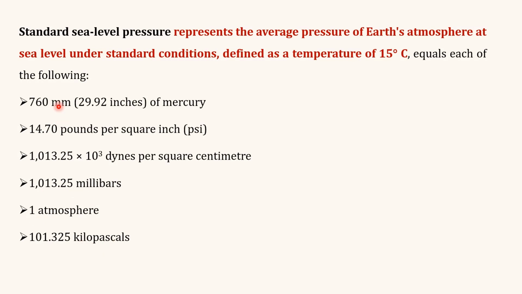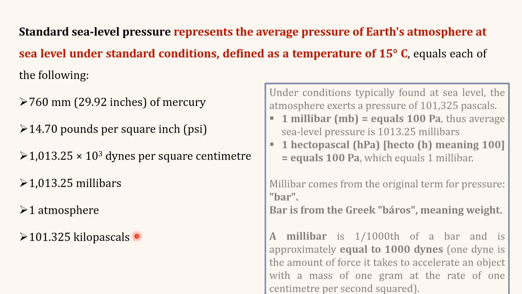So we have to remember these two: 760 mm of mercury or 29.92 inches of mercury, and 14.7 pounds per square inch. And these three are interrelated. So we can see the relationship between them.